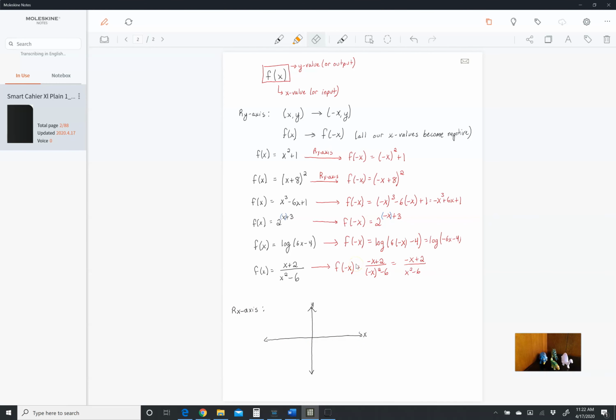So if we take a point, let's take the point 1,7. Okay. Now the difference is because the x-axis is the line of reflection here. Instead of standing on our point and facing the y-axis, we're going to stand on our point and turn towards the x-axis. Okay. And if we turn towards the x-axis, we're going to be the same distance, but on the other side.